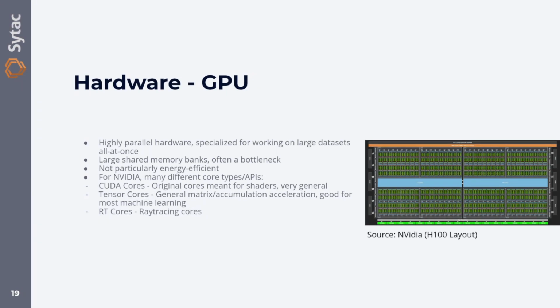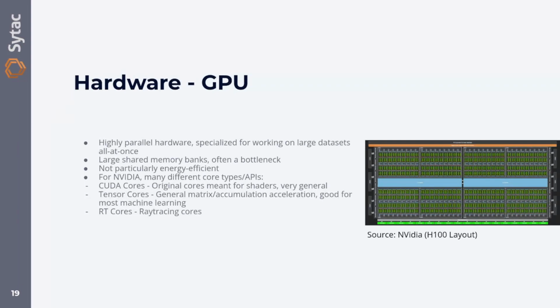Actually, I want to do the GPU first, because I think it will provide a little bit of context. So GPUs, what are they? Highly parallel hardware, very good for working on large data sets at once. Originally made for graphics, but now they're used for accelerating basically anything. What GPUs have is a large shared memory bank.